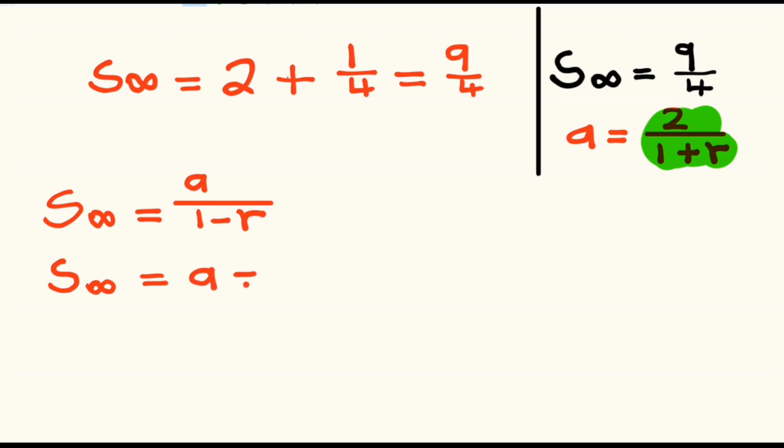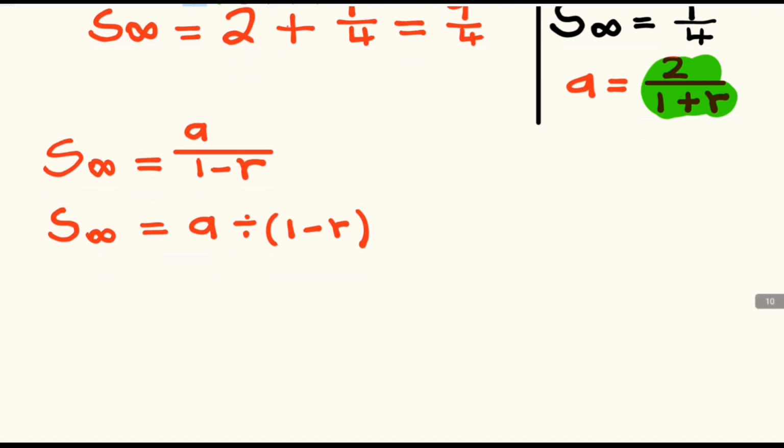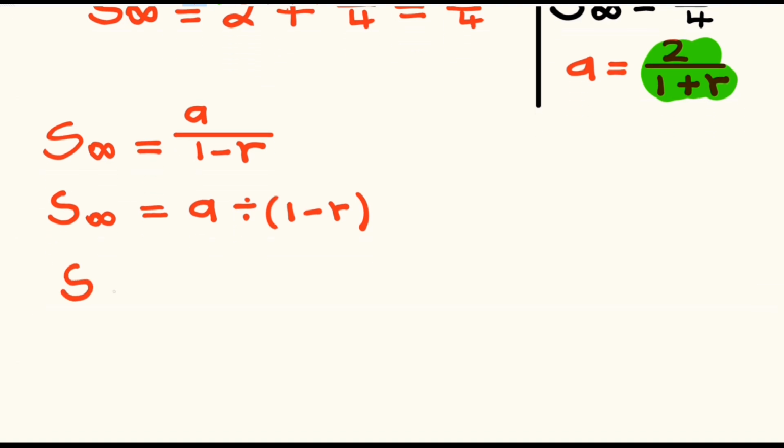A divided by 1 minus R, we will substitute the 9 over 4 later on. For now, we have the sum to infinity is equal to A, which is 2 divided by 1 plus R, and this is divided by 1 minus R.